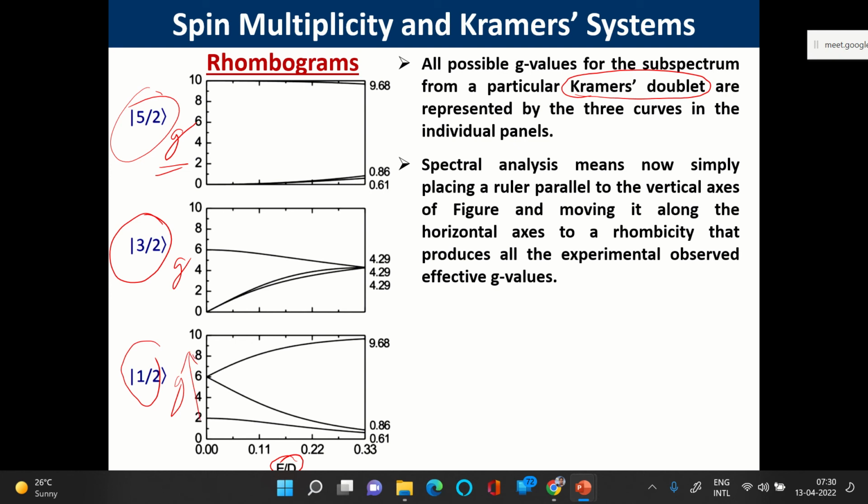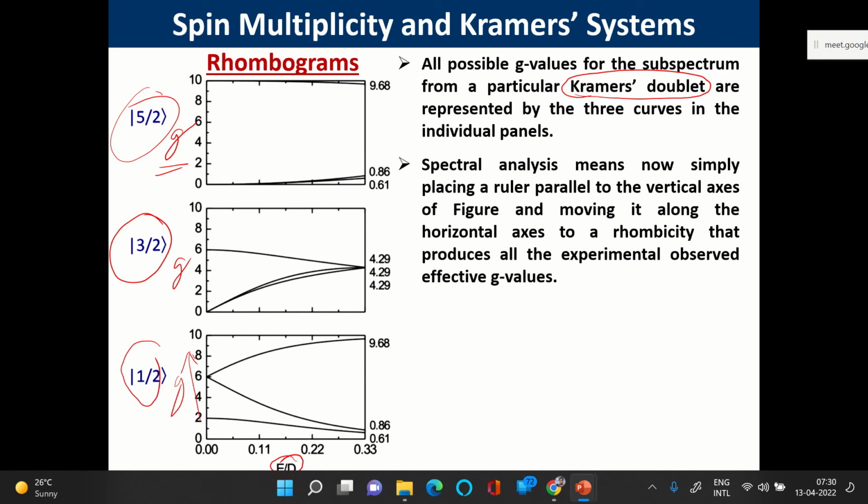So the spectral analysis becomes simpler if you have a rhombogram. If you have plotted E by D and the corresponding g values for all such combinations, then it becomes easier. As per your observation, you can calculate the g value from the spectrum directly.